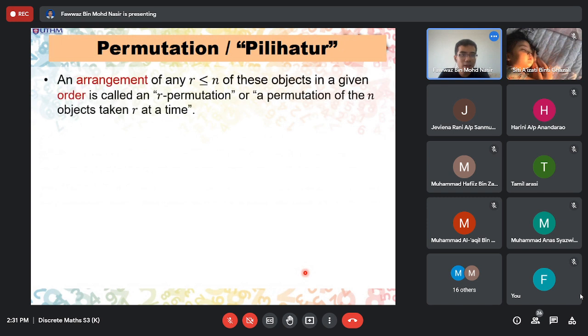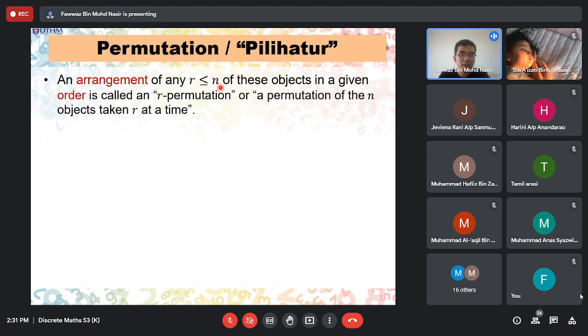Okay, so an arrangement of any r less than or equal to n of these objects in a given order is called an r permutation or a permutation of the n objects taken r at a time.